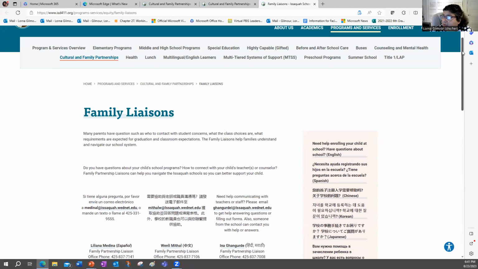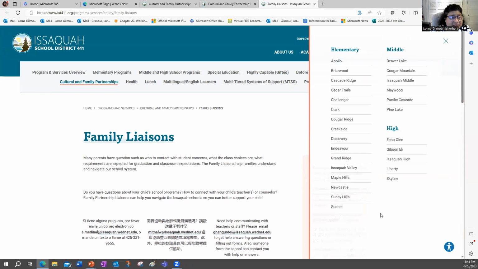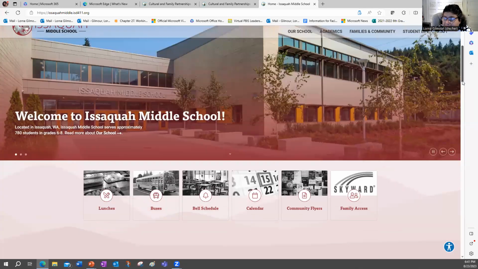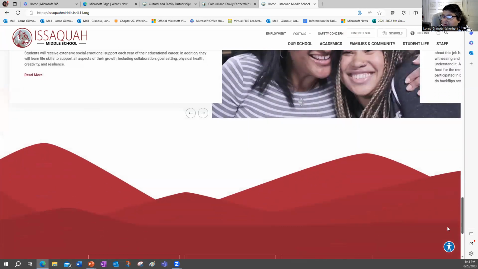One of the other things I love about our district website is that you can visit all of the 26 schools in our district. If you have a child in Issaquah Middle and also at Clark, with one click you can toggle back and forth between the two schools. So if you go to Issaquah Middle, you can also go back and go to the elementary school that you need. On the school's website, an important thing is to scroll to the very bottom.